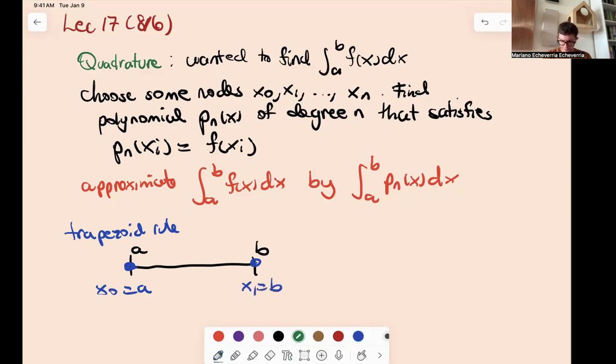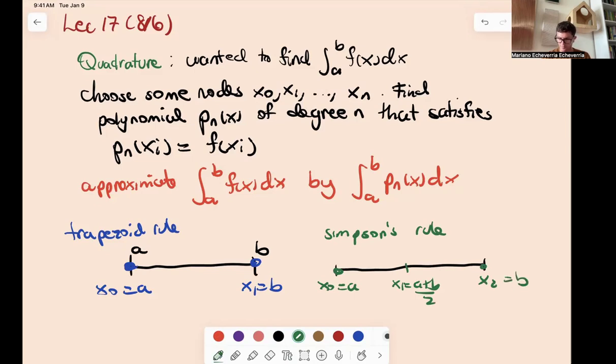And in Simpson's rule, the choice of nodes was 3 points: x0 being a, x1 being the midpoint, and x2 being b.